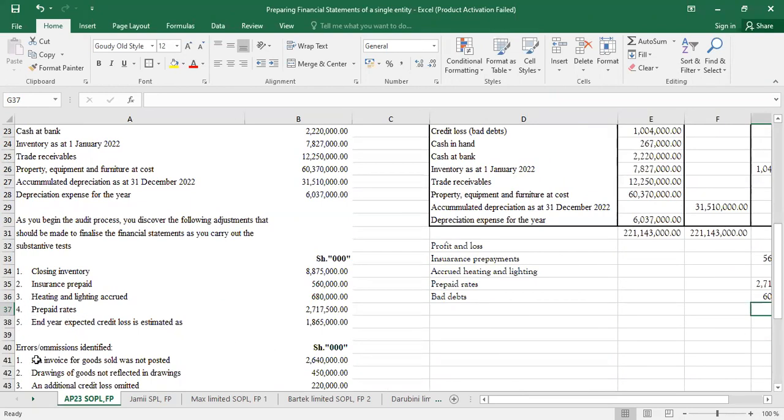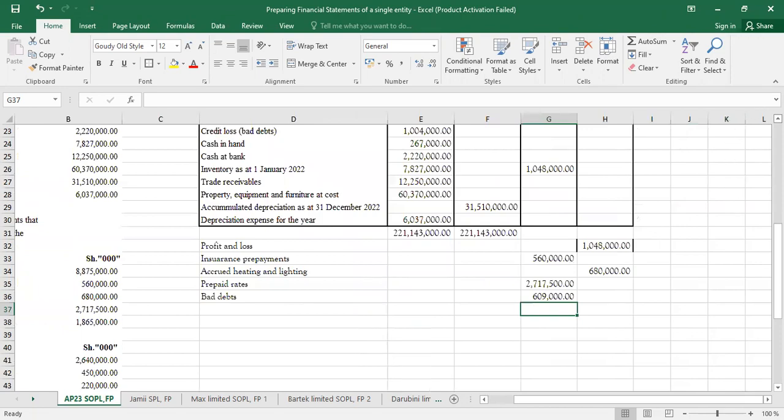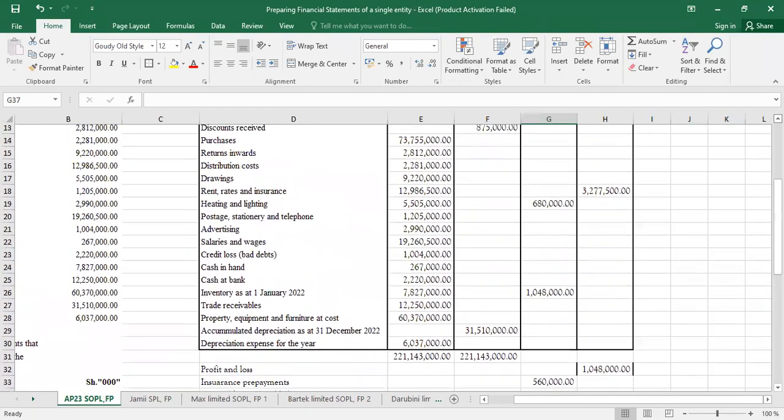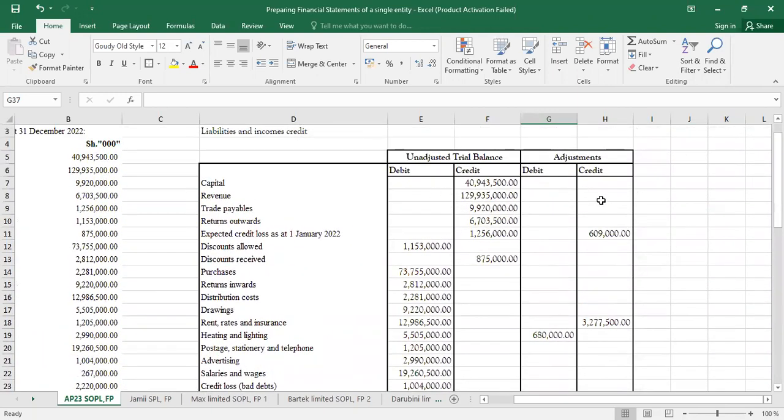Then we go to errors or omissions identified. The first one is an invoice of goods sold that was not posted. If it was not posted, it means our sales have been understated. So to increase our sales, we credit. We come to our revenue, equals, we credit the amount.